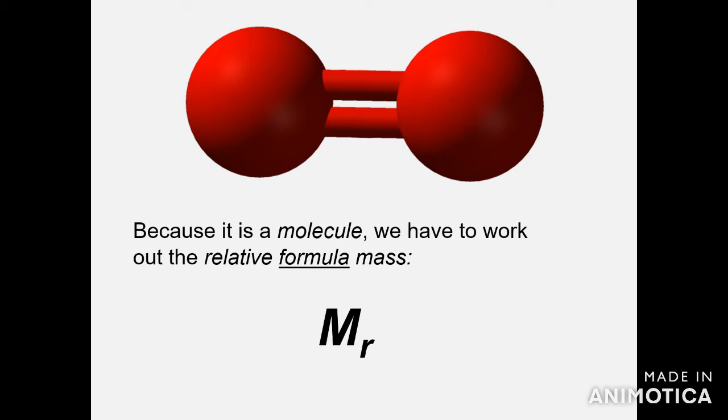Now this is the symbol for the relative formula mass. If you look in old textbooks or older websites, this may also be called the relative molecular mass, which kind of explains why we use a capital M. But for our specification for exams, it will say the relative formula mass. So because it's a molecule, oxygen, O2, we have to work out the relative formula mass of O2.